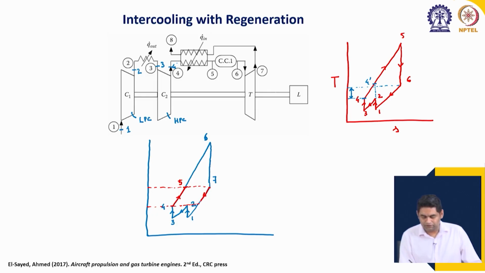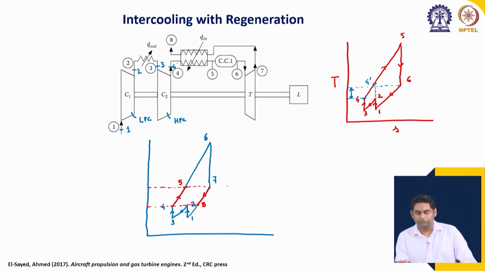The combustion products go from 7 to 8, where 8 is at temperature T2 itself. So, T8 is equal to T2. This completes the cycle. From 8 to 1 the cycle is completed by adding a constant pressure heat removal process that we have done for all the other cycles.